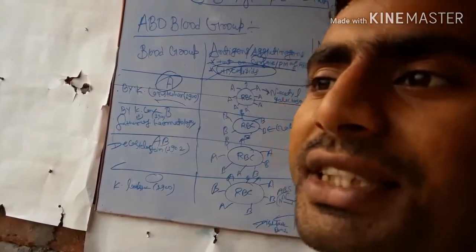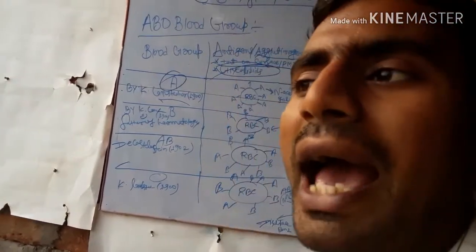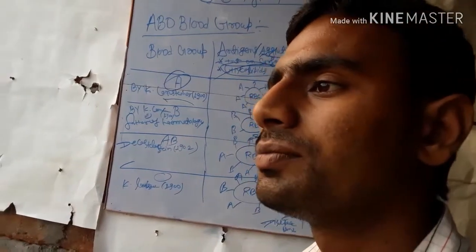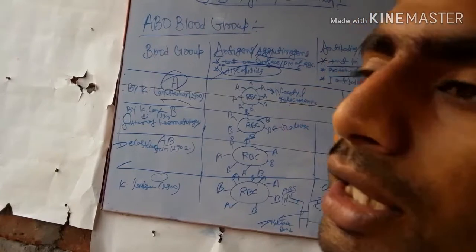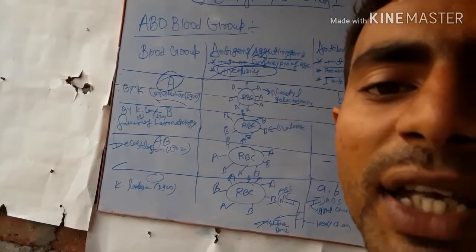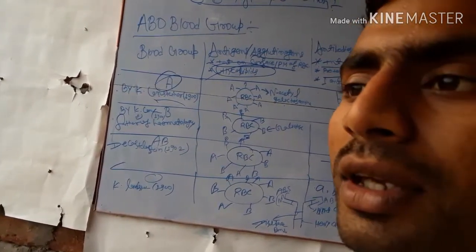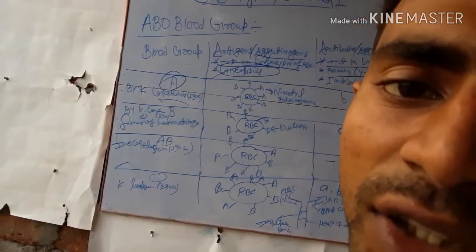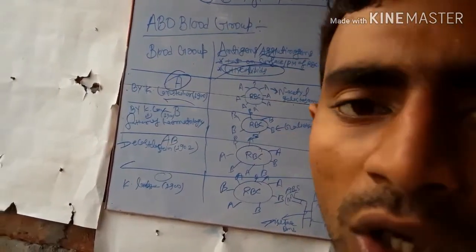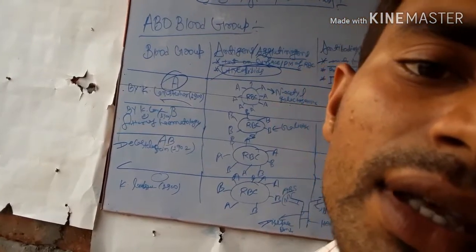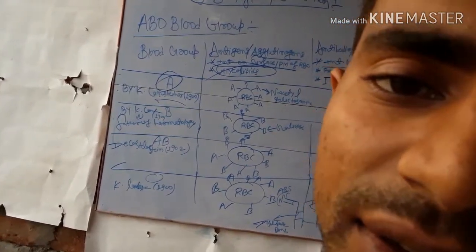Here H stands for heavy chains and L stands for light chains. H2 means 2 heavy chains and L2 means 2 light chains. So one antibody equals 2 heavy chains and 2 light chains.